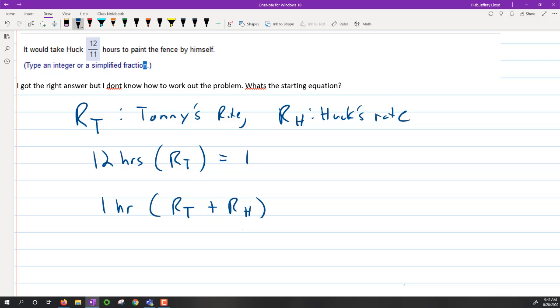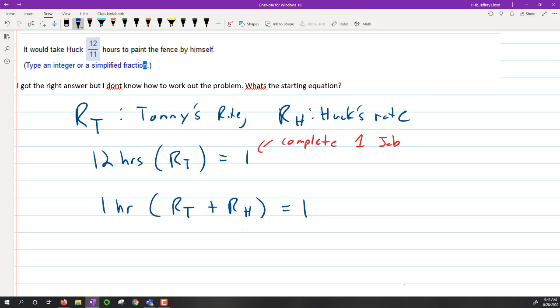If they're working together, both of their rates are added, and it takes them 1 hour to complete the job, and so that equals 1. I'll make a little note here. So that's what the 1 is, a whole job.